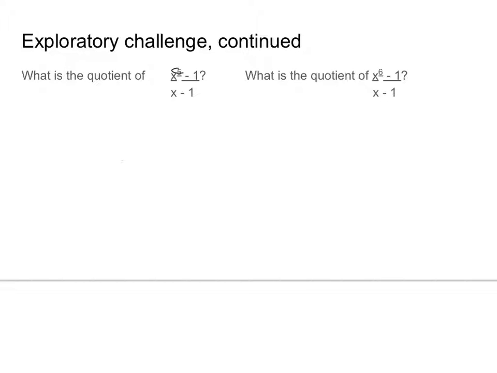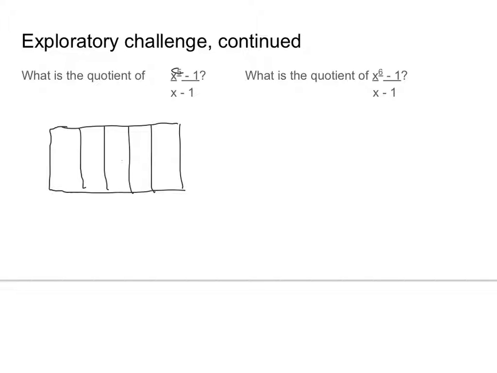4 columns. 4, 3, 2, 1, constant. Yep. Sorry, you heard me count out loud there a few times. So it's going to be fourth, third, second, first, constant, and x minus 1.